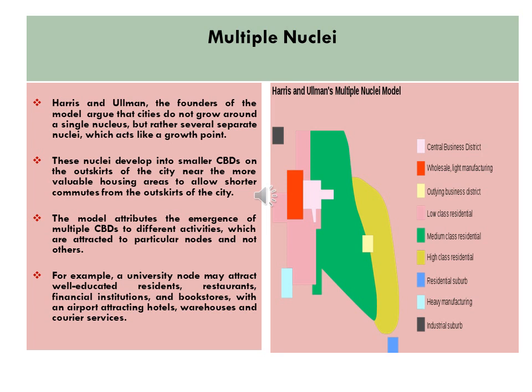So the multiple nuclei model is simply telling us that a city need not have one single CBD. It can have different CBDs, and each CBD will be unique to a given line of activities. And once that happens, it will attract activities that complement the kind of functions that exist there.